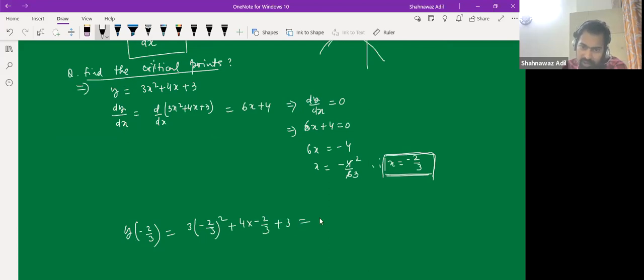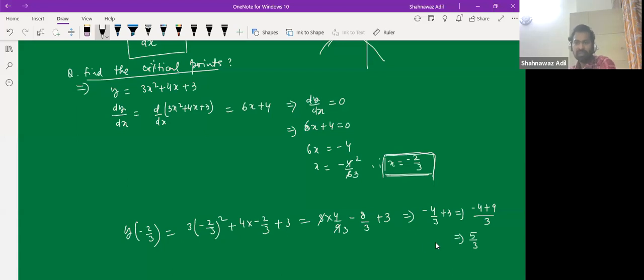So this is how much? 3 into 4 by 9 plus, or minus, so minus 8 by 3 plus 3. So this is 4 by 3 minus 8 by 3. So this is how much? Minus 4 by 3 plus 3. So this is minus 4 plus 9 by 3. So this is 5 by 3.